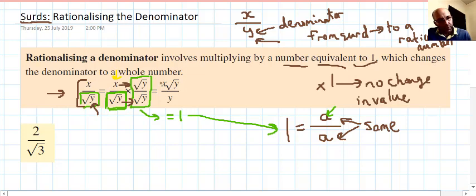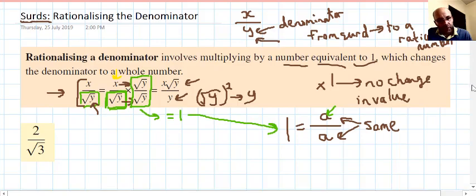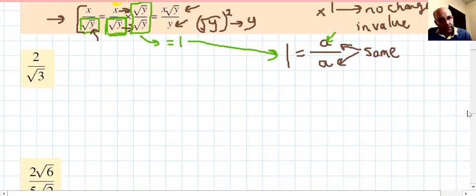So x times root y is x root y, and root y times root y is root y squared, and that gives y. And so that's where that denominator comes from, and it's no longer a surd. It's rational now.